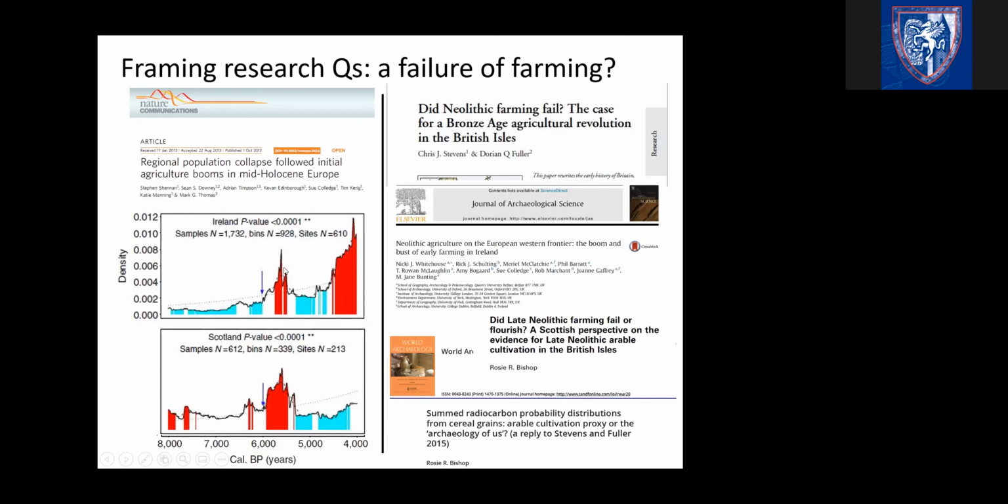These are just radiocarbon dates which have been summed and modelled, and the blue arrows here are where farming arrived, around 4000 BC, and this slope is the modelled population curve, or what a population would look like as it increases naturally. They're saying there's loads of radiocarbon dates right after farming, so they're saying it's a population boom. Farming is brilliant and everything goes well, but then they identify in the radiocarbon dates this trough, and they've interpreted that as a population collapse or a bust, a failure of the farming experiment.